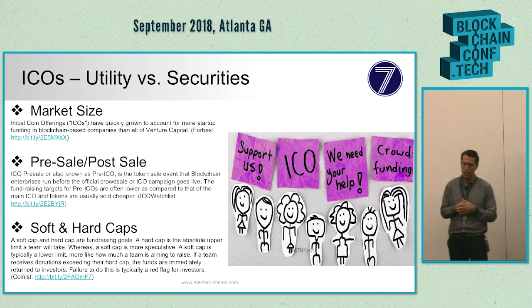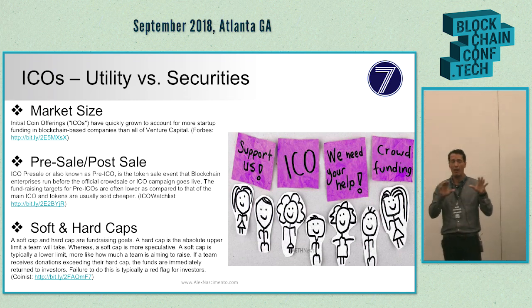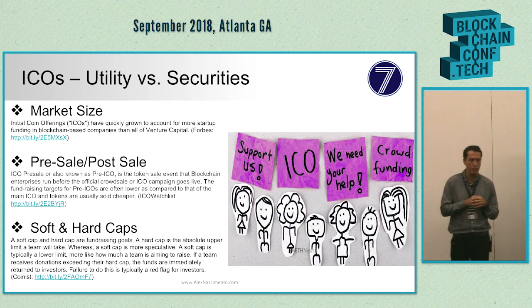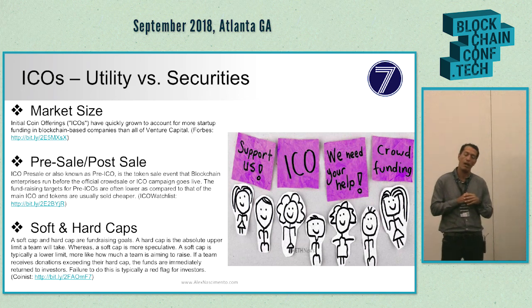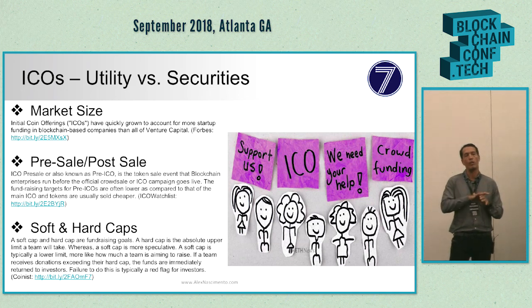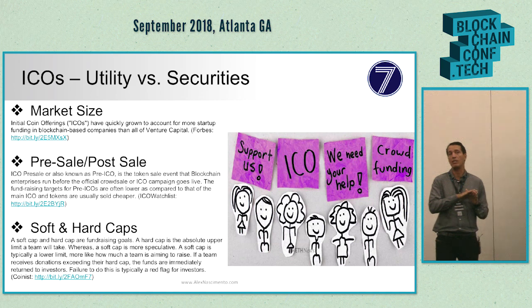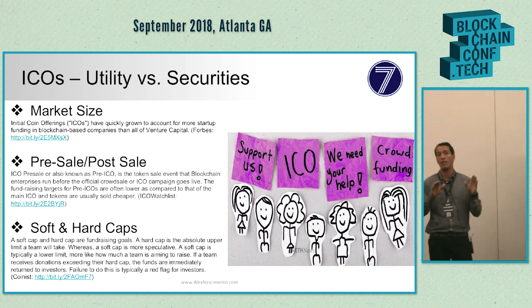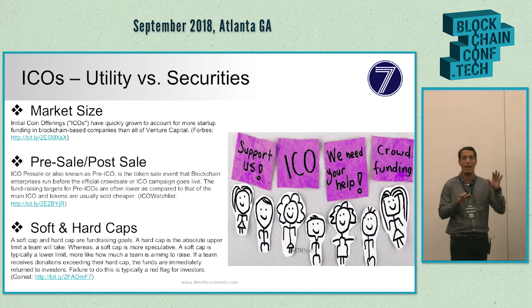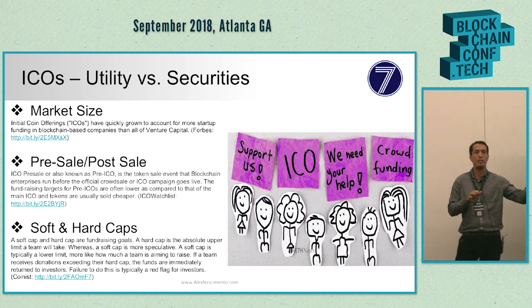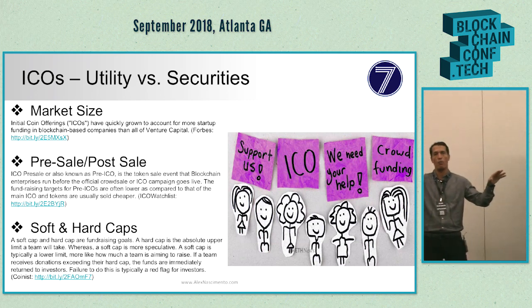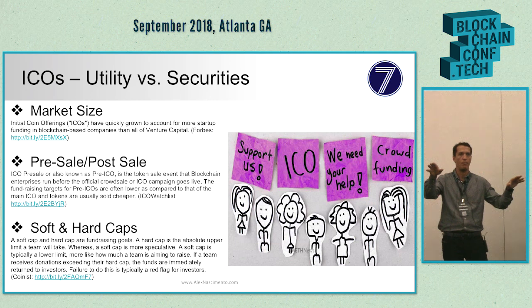We've been doing research, and I can't give you details right now because we're still finalizing it, but in general, we looked at over 1,600 different ICOs, and the average between a pre-sale and a sale was a 10x.